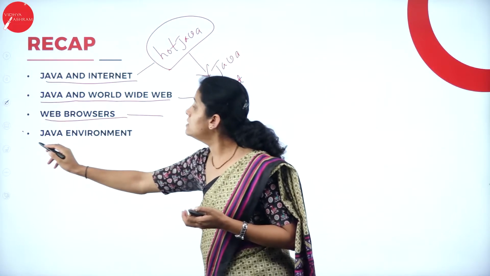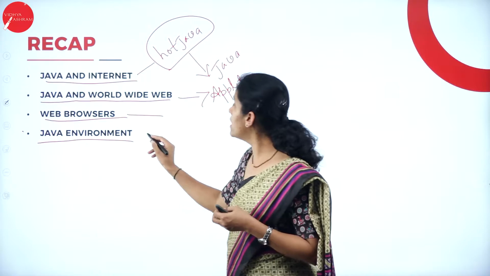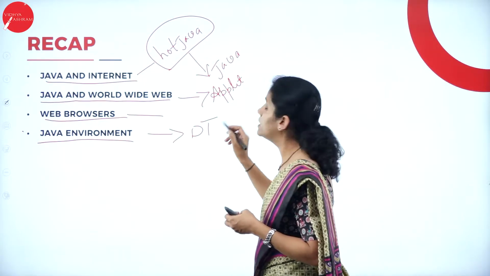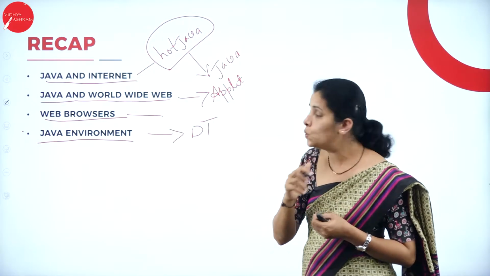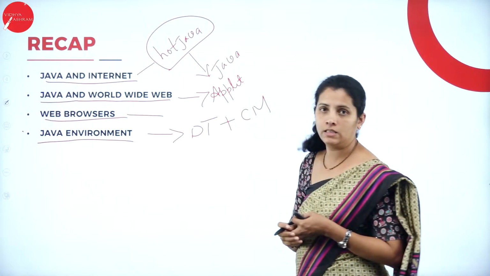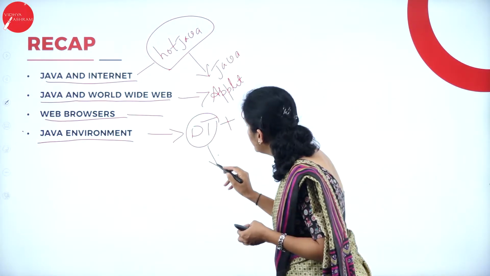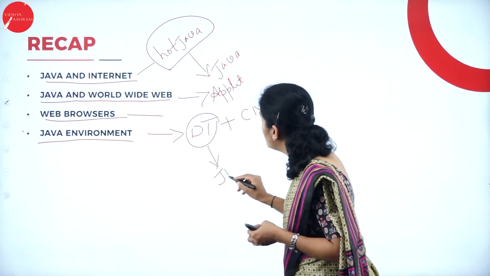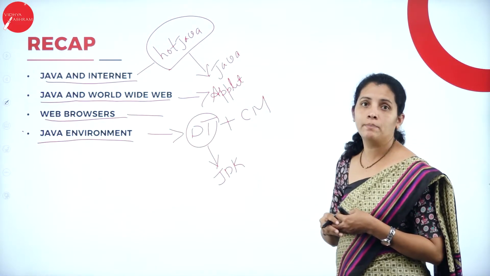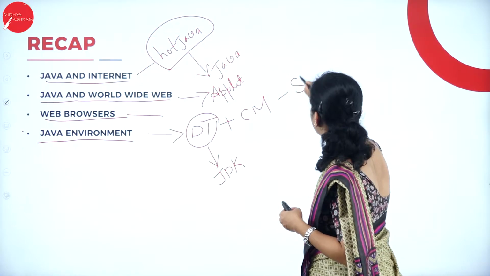Then we learnt Java environment. So here Java environment includes development kit, that is nothing but the development tool, along with classes and methods. The development tool is called Java Development Kit, whereas classes and methods are called standard library, that is SL.